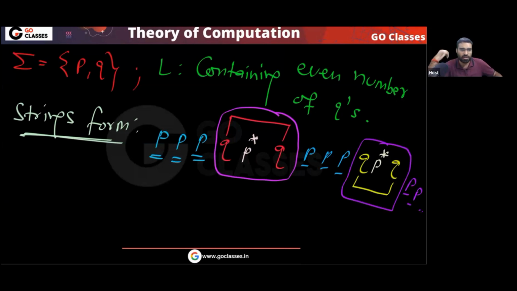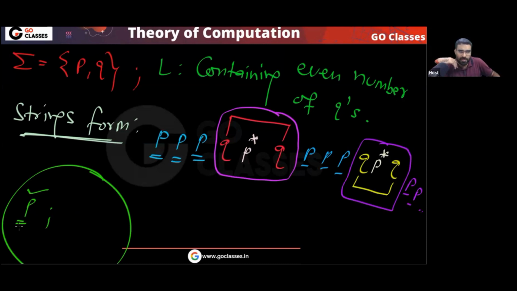This is the idea: these two people can repeat. This family can repeat any number of times, and this P can repeat any number of times.